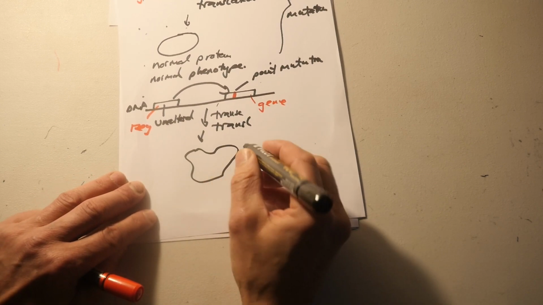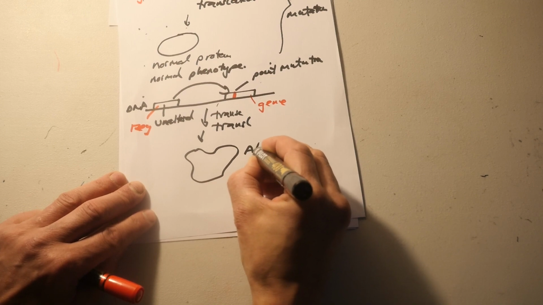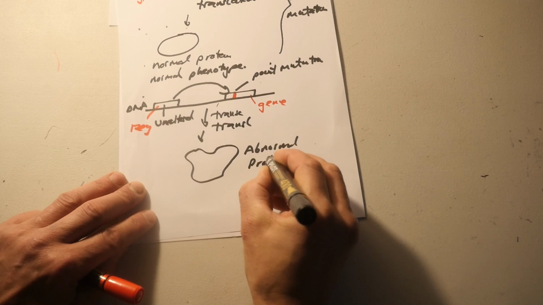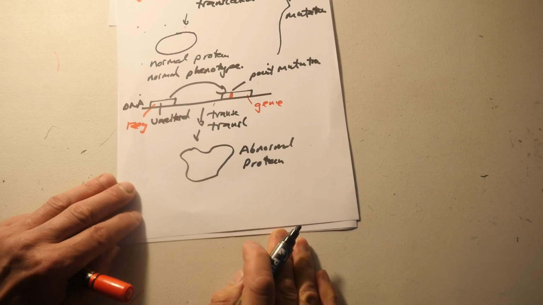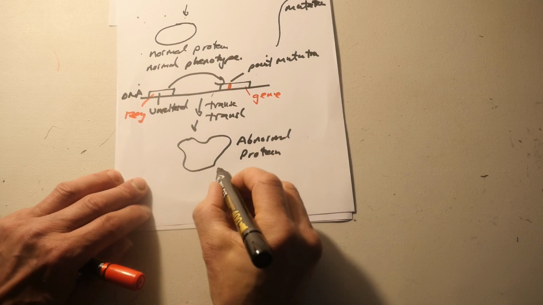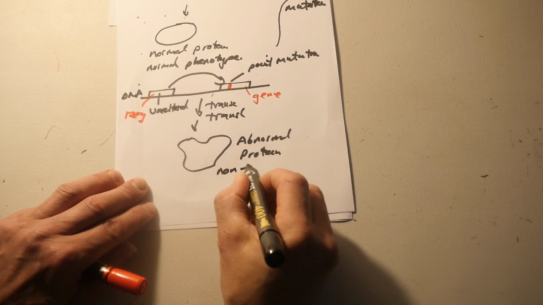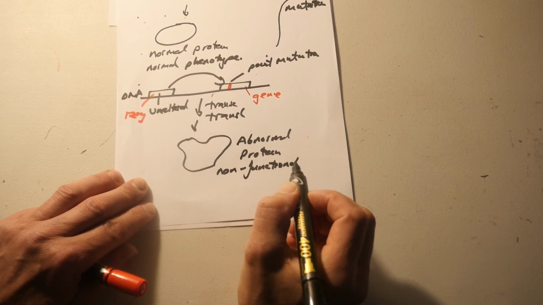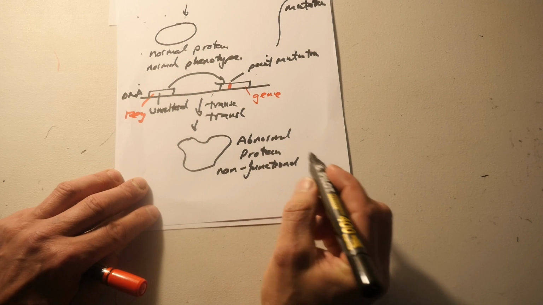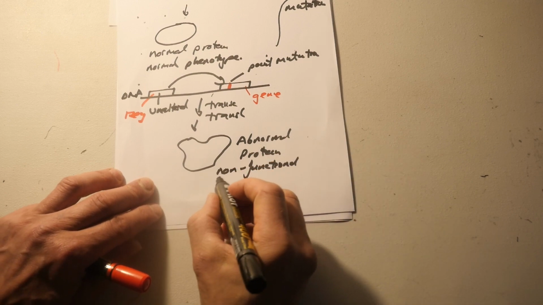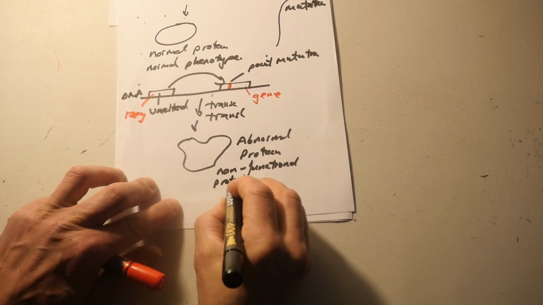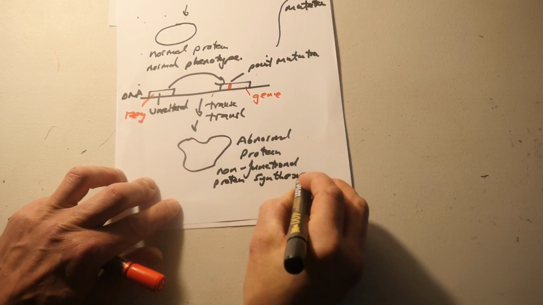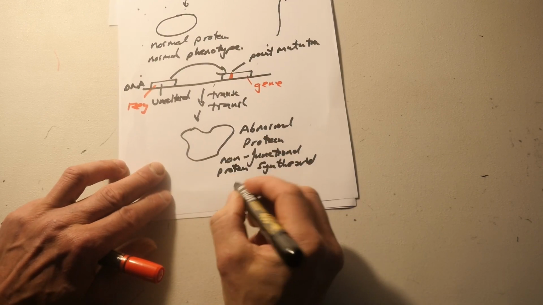So you get an abnormal protein, which is non-functional. It's a non-functional protein that's synthesized. Okay, and the phenotype is altered.